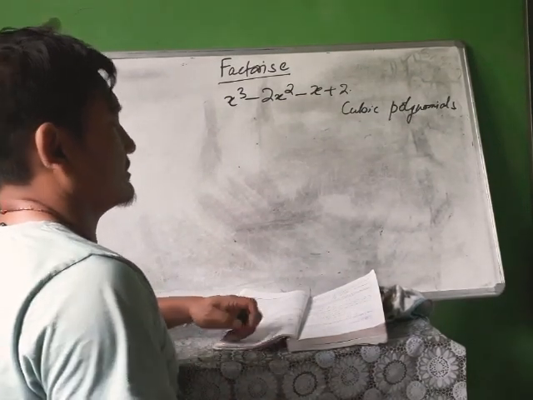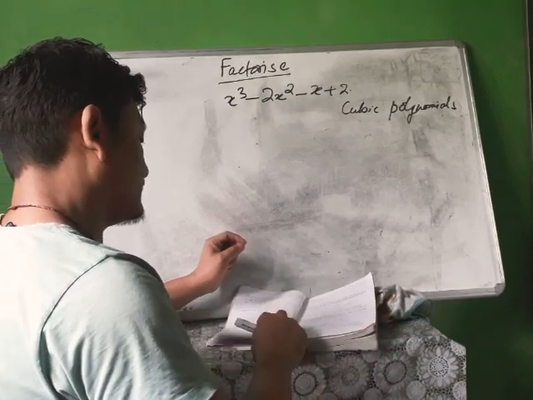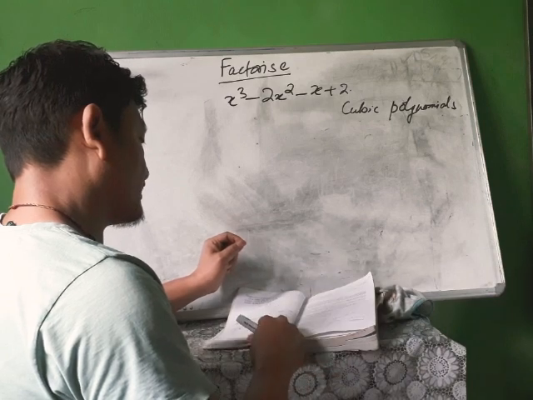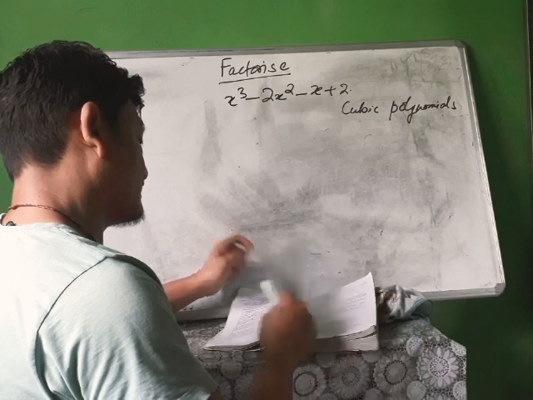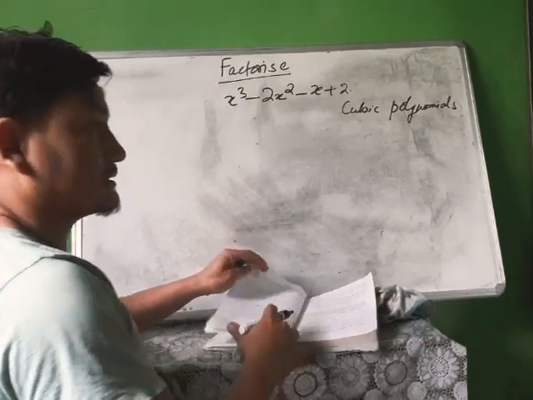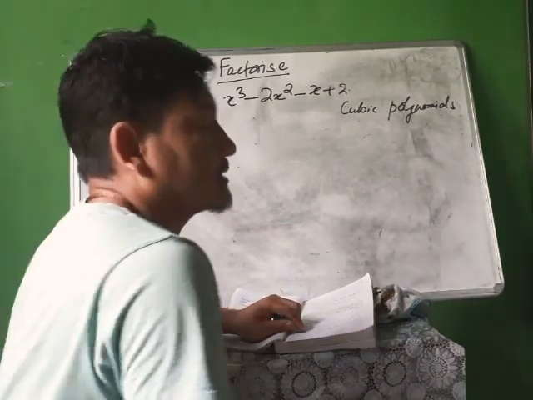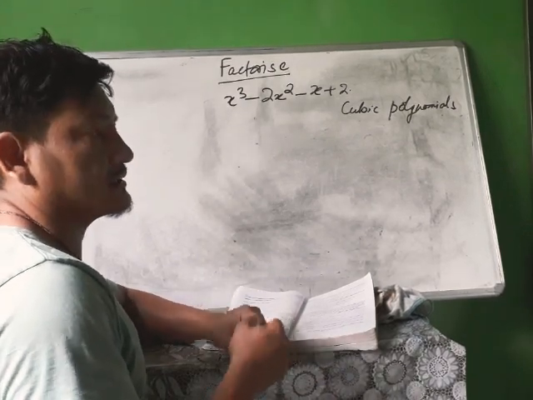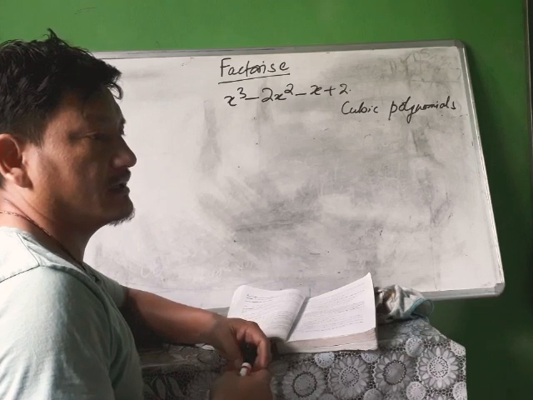Talking about the cubic polynomial, if you go through the book and analyze how many roots different types of polynomials have, you can clearly see that a linear polynomial, which has degree 1, has only one root.